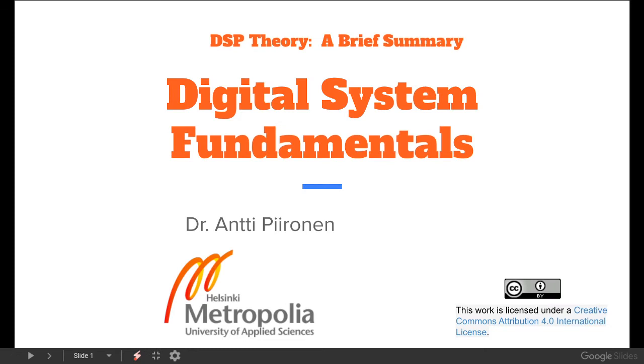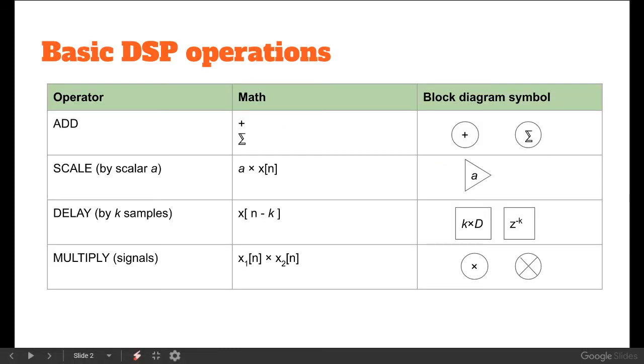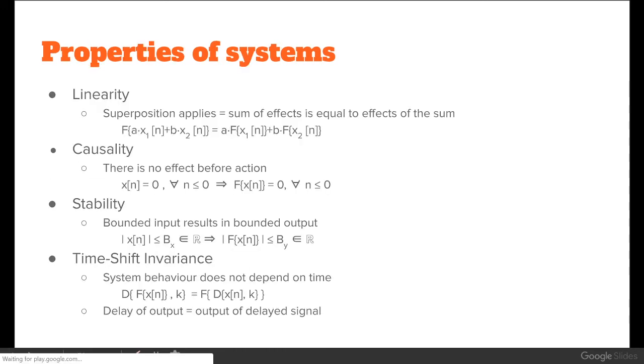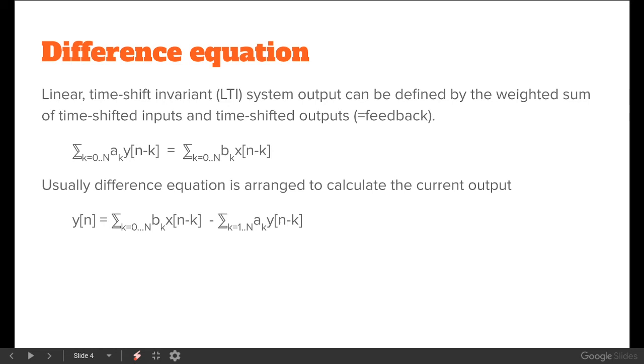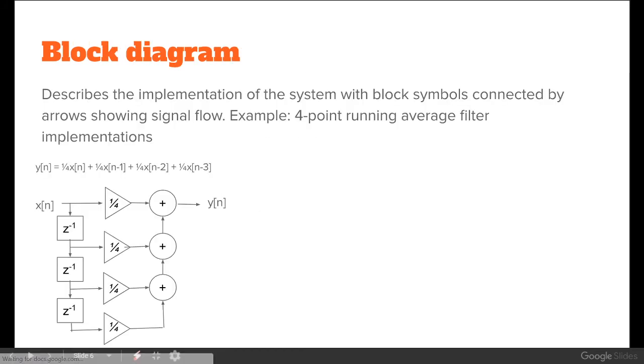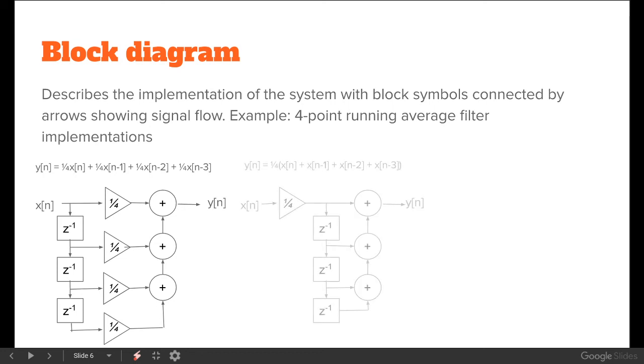That was a heavy package of theory. Let's go back. So simple operations: add, scale, delay, multiply signals. Some basic fundamental properties of the signal system: linearity, causality, stability, time shift invariance. A system is defined in the time domain by the difference equation. And the block diagram is actually the implementation, meaning that it shows in which order the calculations are done.